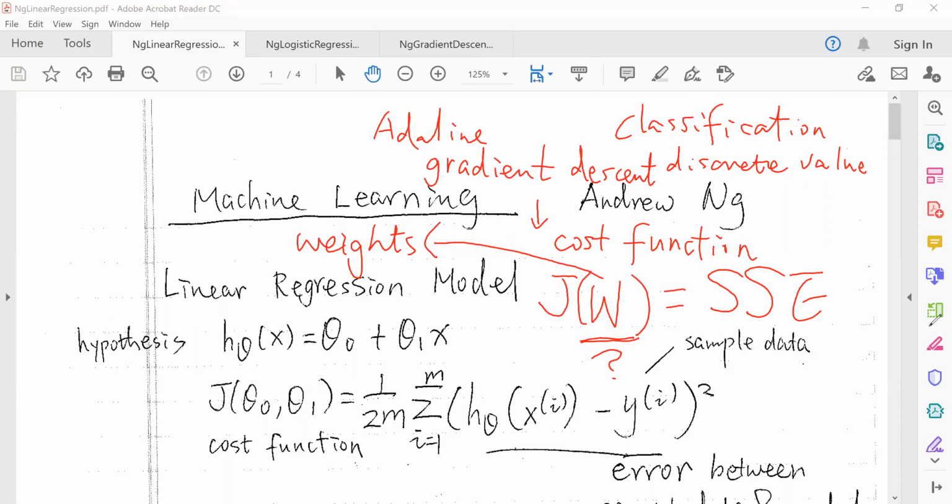Also in machine learning, so far we learned what do we use to do the training. To train, we defined X and Y. What are X and Y called? We need to collect data to train.